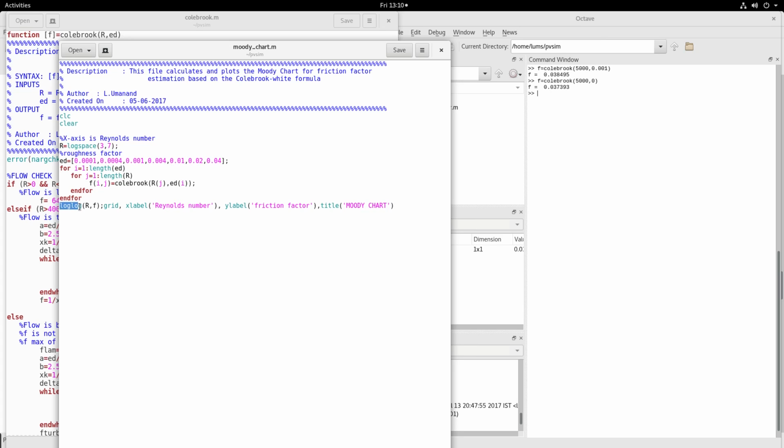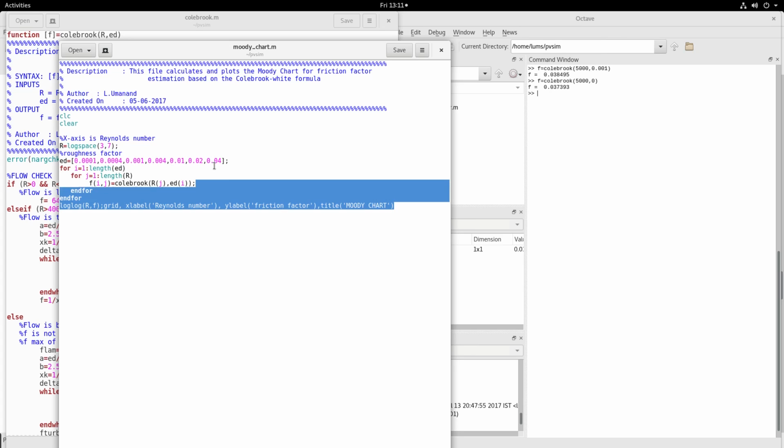So plotting is log. Normally you would have seen the Moody chart which I discussed earlier. Both the x-axis and the y-axis are logarithmically scaled. So it's a log graph of Reynolds number on the x-axis versus the friction factor on the y-axis, and you will get a family of curves based on the roughness ratio as a parameter.